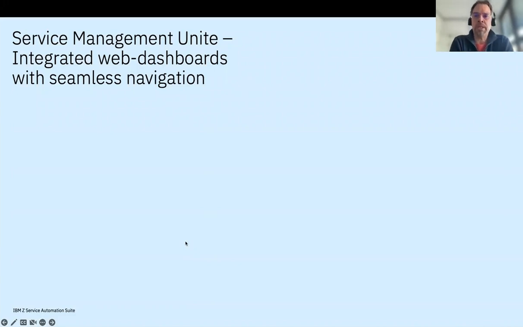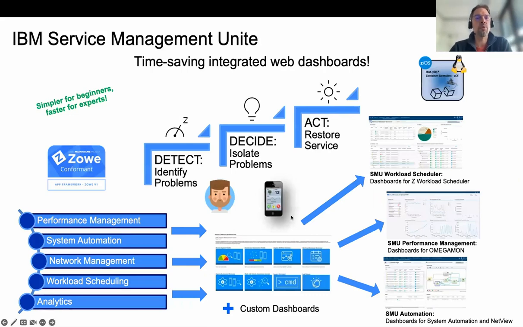Now let me talk a little bit about Service Management Unite. As mentioned several times, this is the web-based UI that provides the integration of the different tools in a dashboard UI. We have dashboards, as mentioned before, for workload scheduler, but also for performance management. These are dashboards for all the OmegaMon agents that you might have installed in your environment.